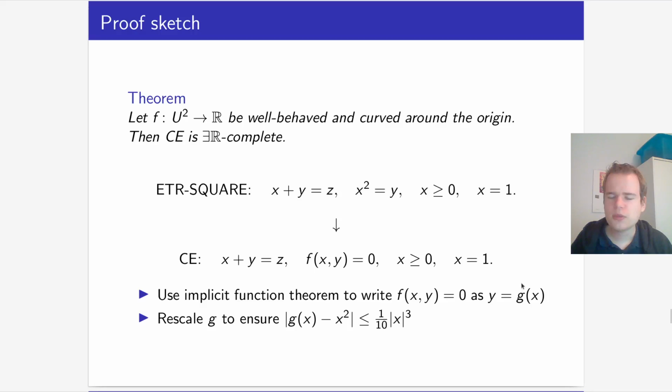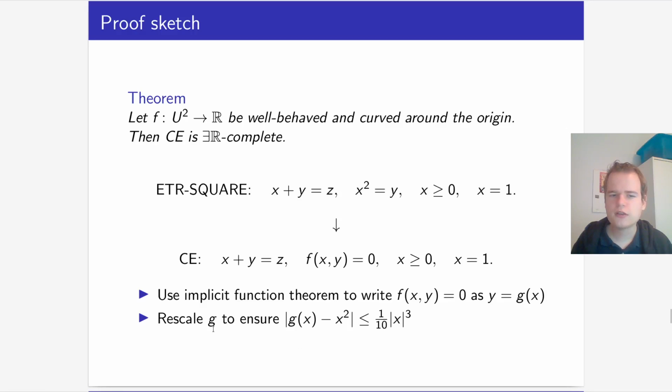Now we can look at the Taylor expansion of this g, and note that we required this f to be curved, so we want its curvature in the origin to be non-zero. What this means about g is that the second derivative of g is non-zero, so its Taylor expansion has a non-zero coefficient before x squared.